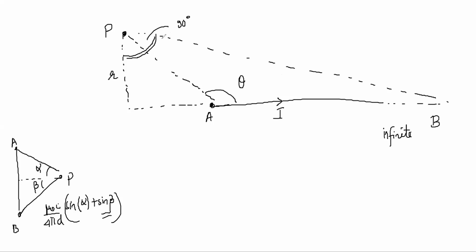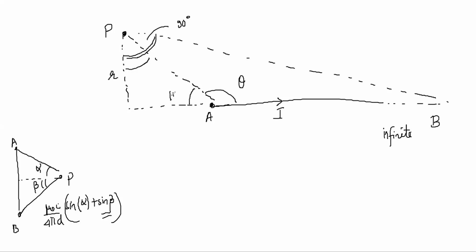Sir, it's 1 plus cos theta, no? In the bracket part. Yeah, 1 plus cos theta. Fine. Oh, I was seeing the other angle. The angle becomes really big, and this angle is how much?